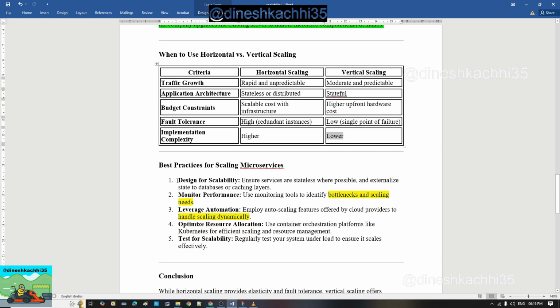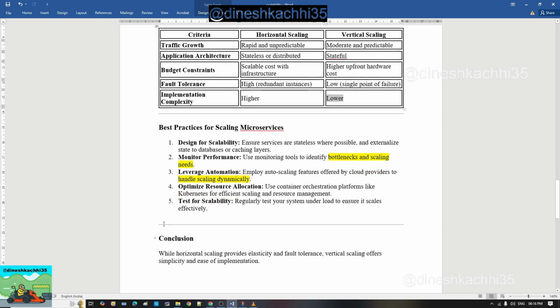Some best practices for scaling microservices. Design for scalability. First, we need to ensure services are stateless where possible and externalize state to a database or caching layer.